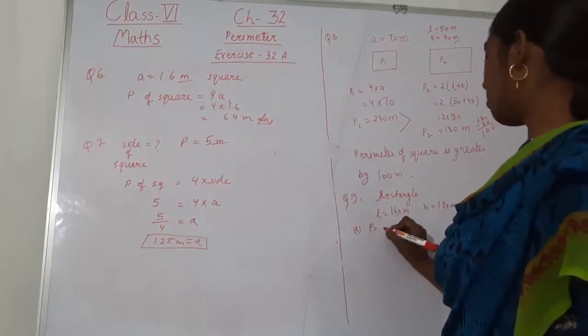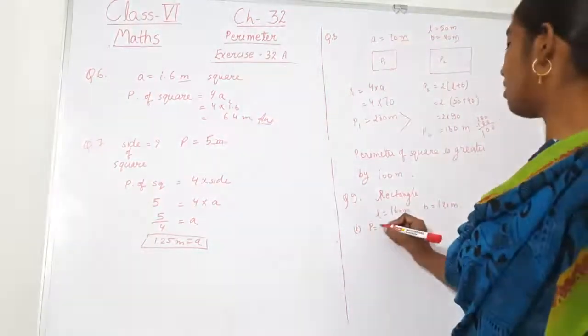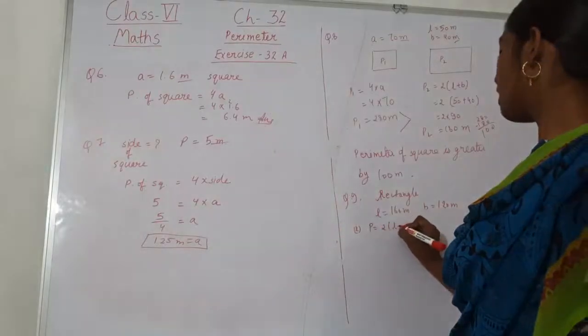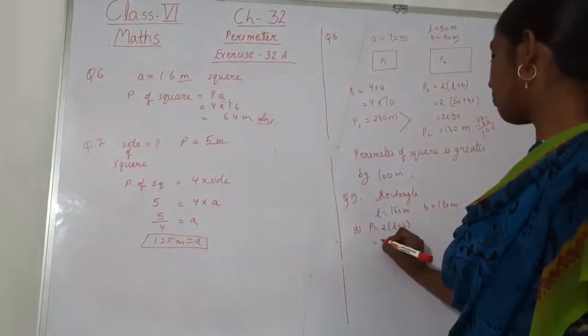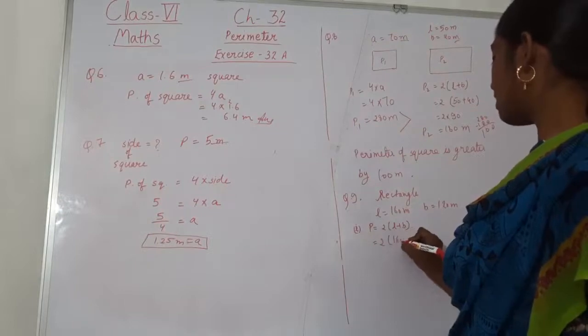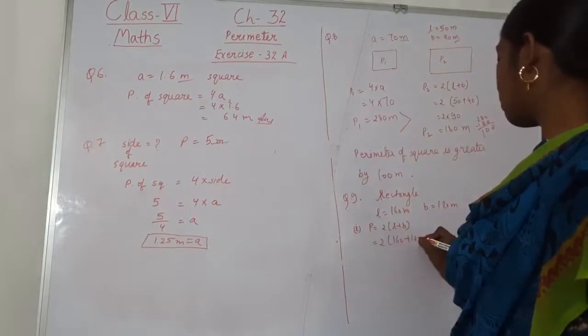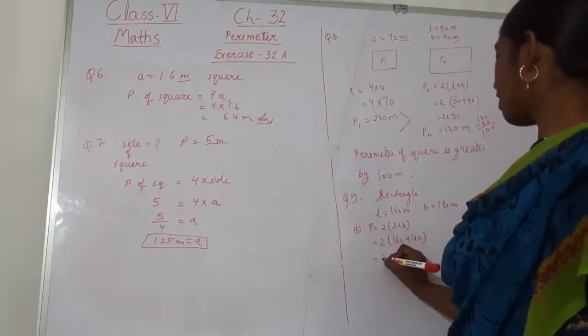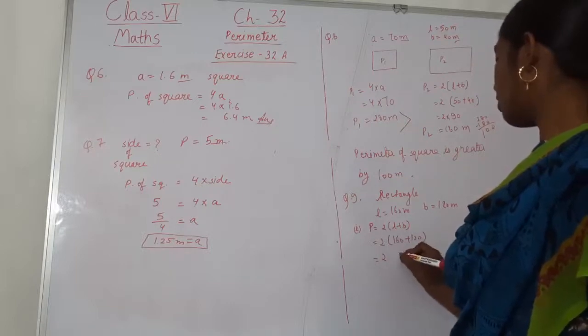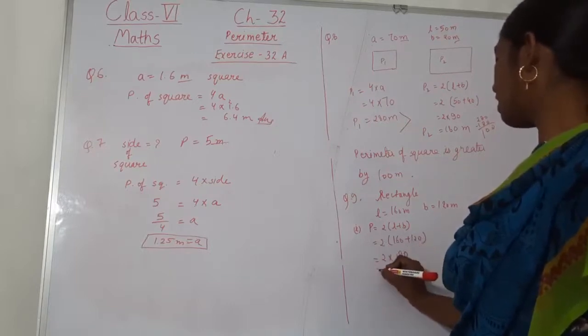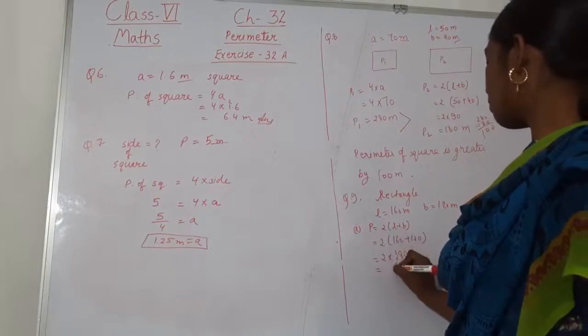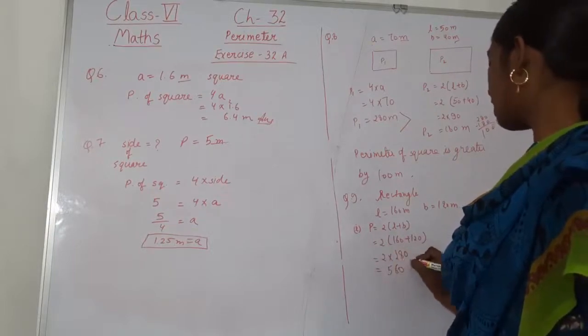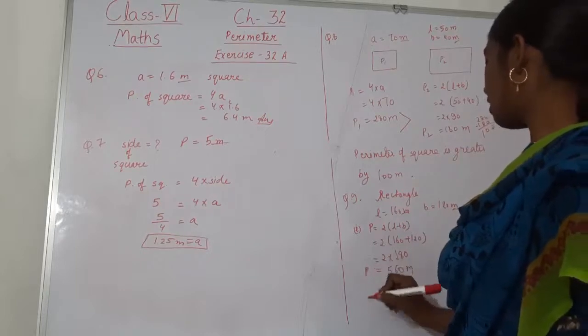Simply we will apply the perimeter of the rectangle formula. Perimeter of the rectangle is 2 into length plus breadth. Length is 160, breadth is 120. Do the addition, 280, multiply by 2, 560. Both are in meter, so this will also be in meter. This is the perimeter of the rectangle.